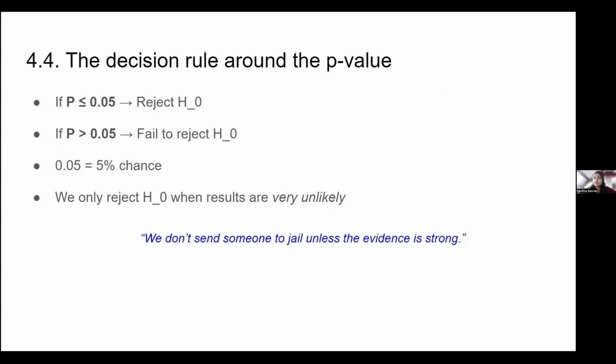So we only reject the null hypothesis when the results are very, very unlikely. Even if you take something like 100 people, even up to 5%, which is 5 people, of them have to fall within this average range of 5'7" height to prove that they are of this height or weight or whatever your question is.